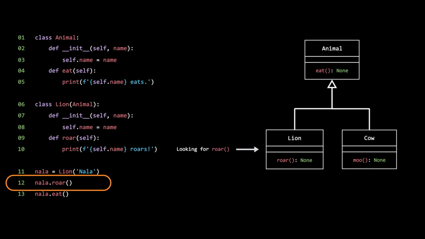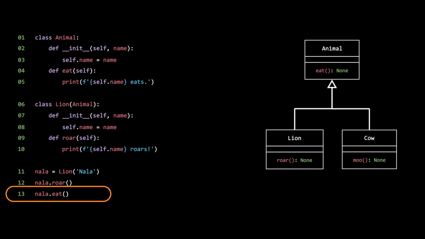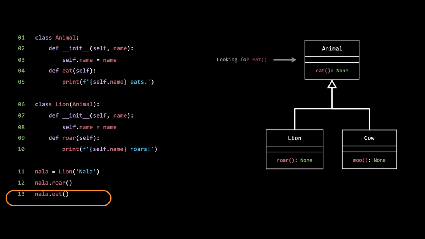It's a little bit less obvious what happens in the case where we want to call eat. The process starts the same way. When we call the eat function, we're first going to look on the lion class. Is there an eat function there? It turns out there isn't one. So the next thing we do is go up the hierarchy and look for the eat function.